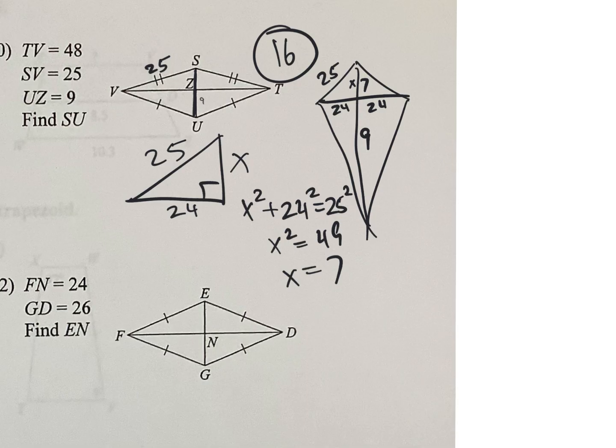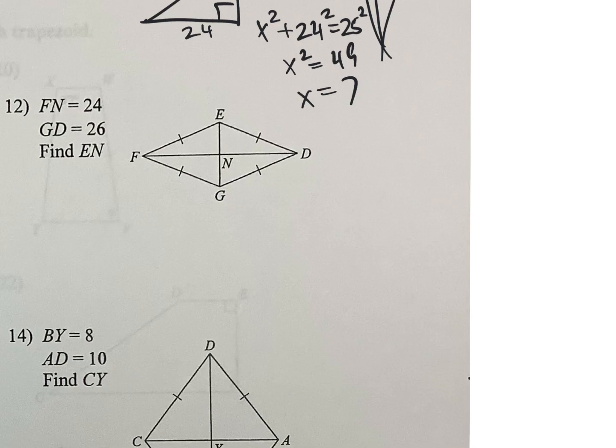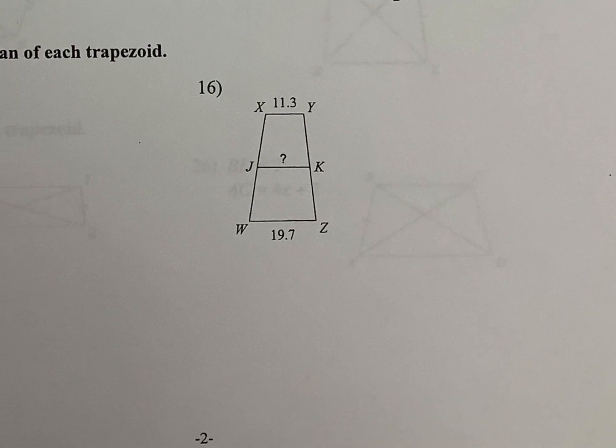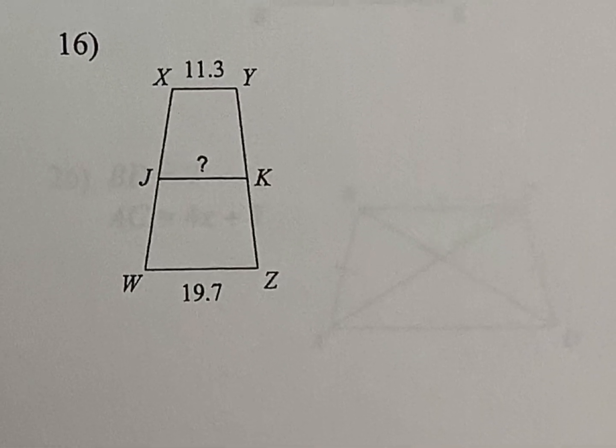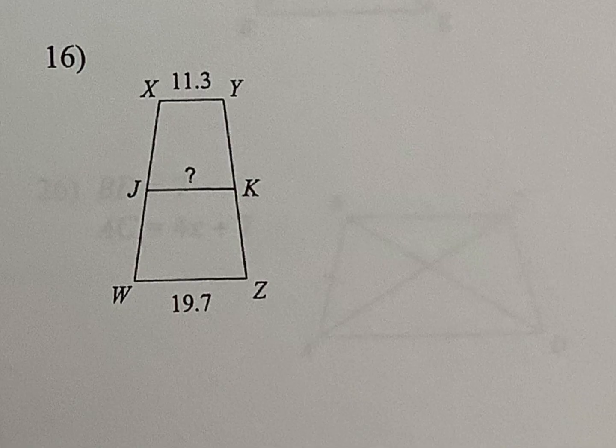Now let's go down to 16. If we have time left, we'll take some questions. 16 is top plus the bottom divided by 2 is equal to the mid segment. All right.